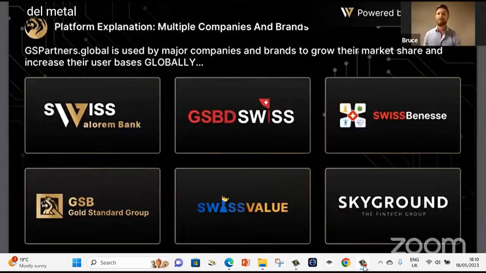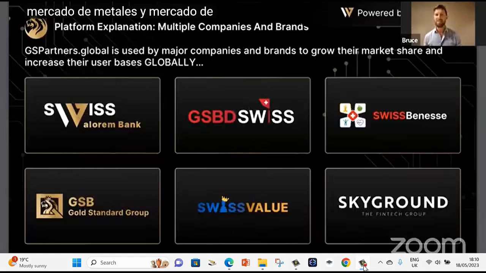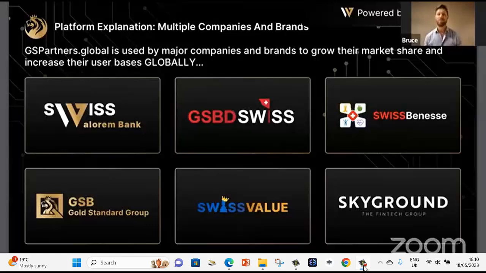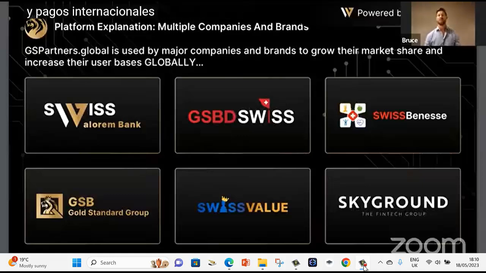The different companies that leverage our marketing hub and platform include Swiss Valorum Bank, GSBD Swiss, the Skyground FinTech Group, Swiss Value, Swiss Finesse, and of course GSB2.